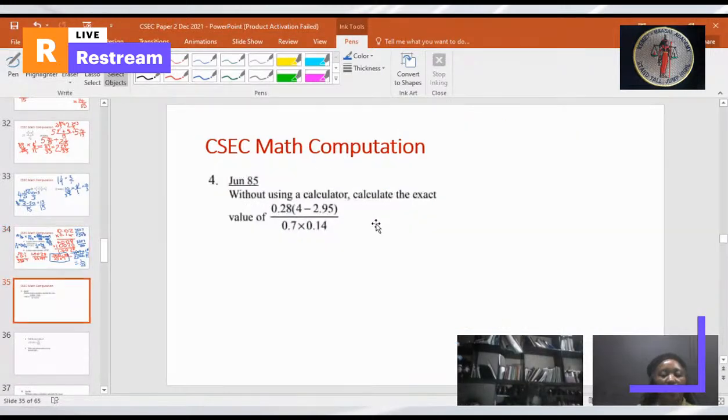No, miss. They say without using a calculator, Amari, they want the exact value of. So let's go. We know we need to work the bracket first, right, Amari?